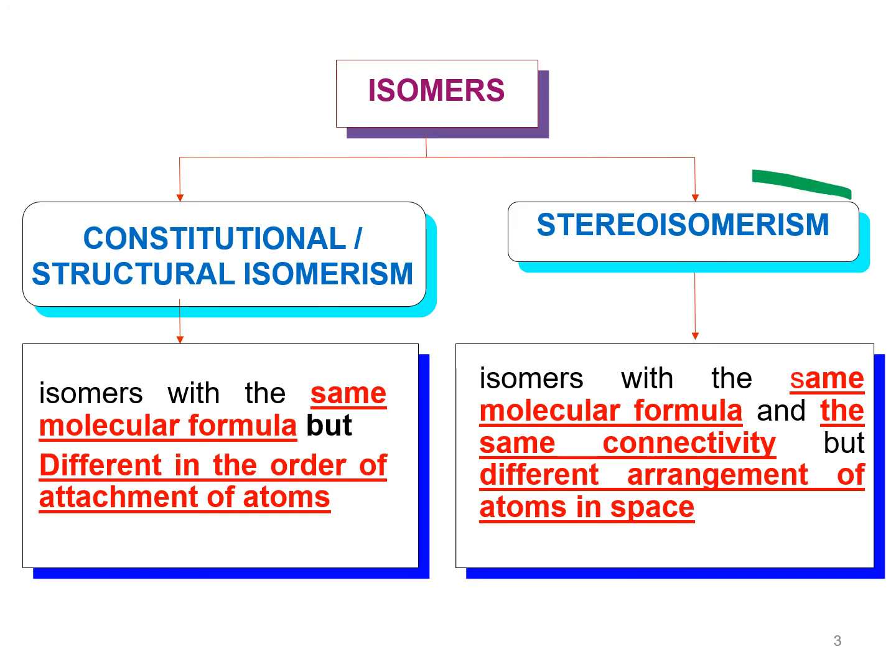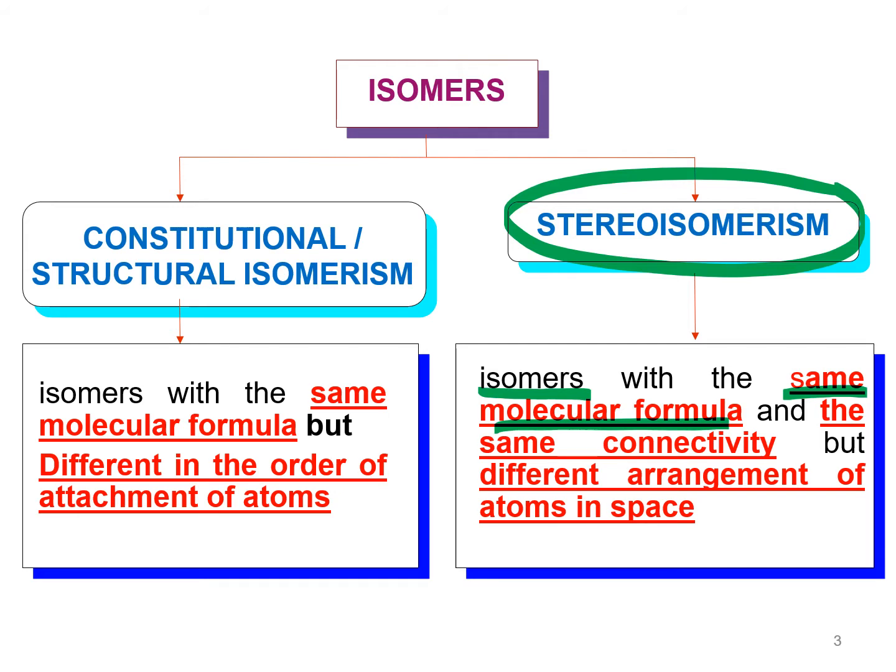Kita akan fokus pada stereoisomerism. Ia melibatkan isomers dengan same molecular formula yang sama dan same structural formula or same connectivity, but they have different arrangement of atoms in space.